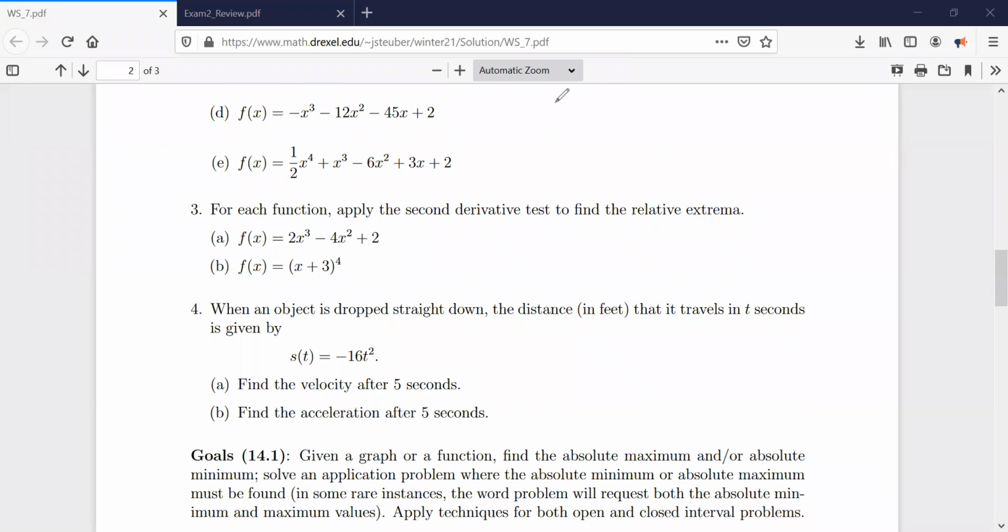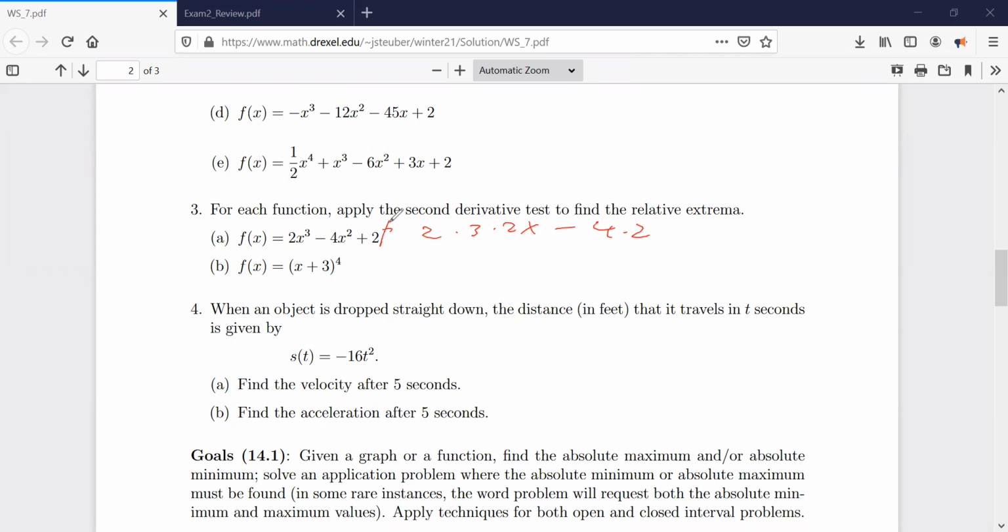So on to 3. For each function, apply a second derivative test to find the relative extrema. If I do the second derivative of this, what do I get? I get 2 times 3 times 2x minus 4 times 2.